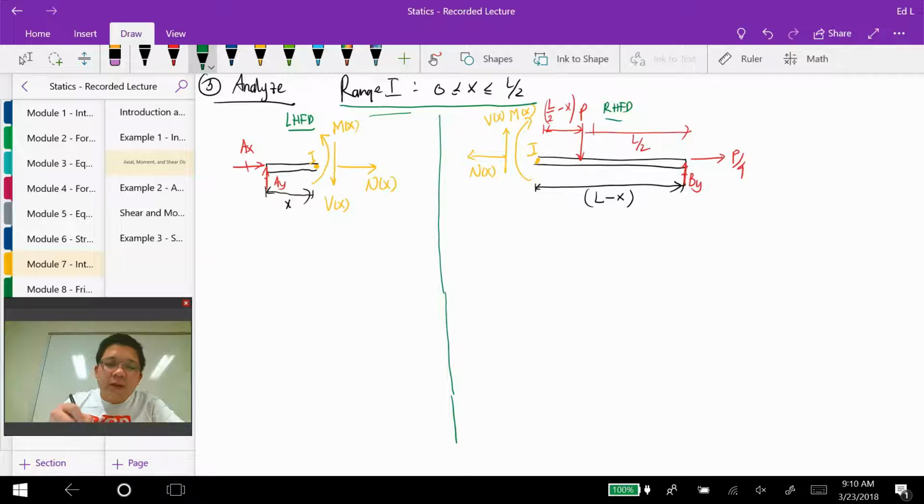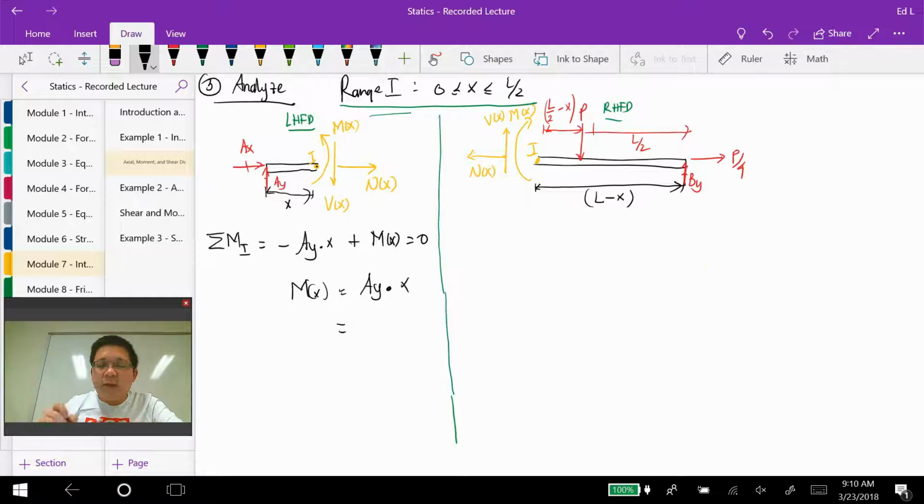Okay, so taking the sum of the moment at 1, which is at this point right there, I have minus Ay times x, right? Then I have plus M of x equal to 0, so my M of x is equal to Ay times x, and we have calculated Ay before.